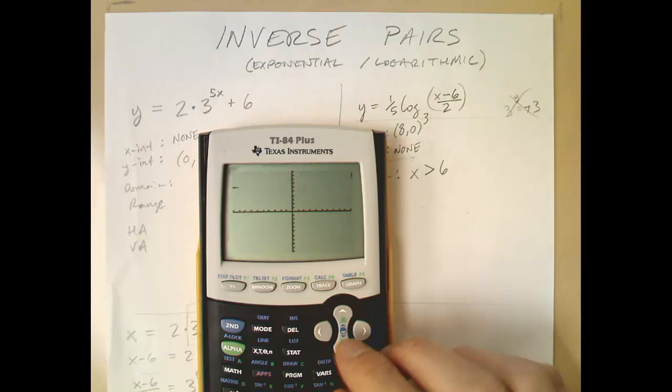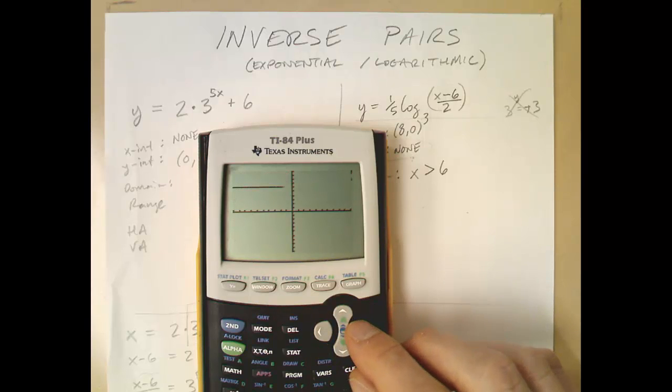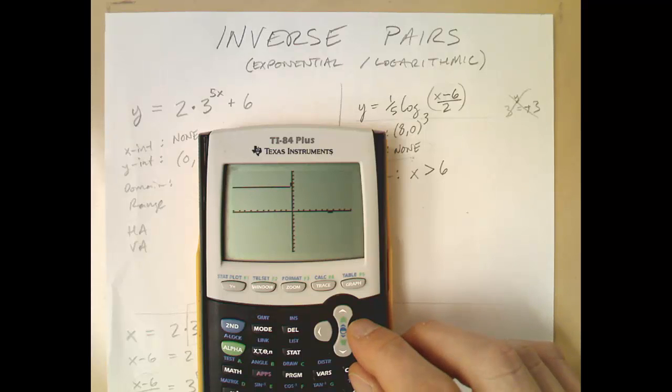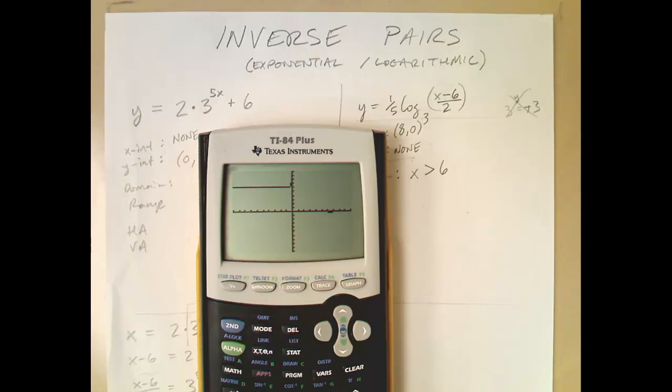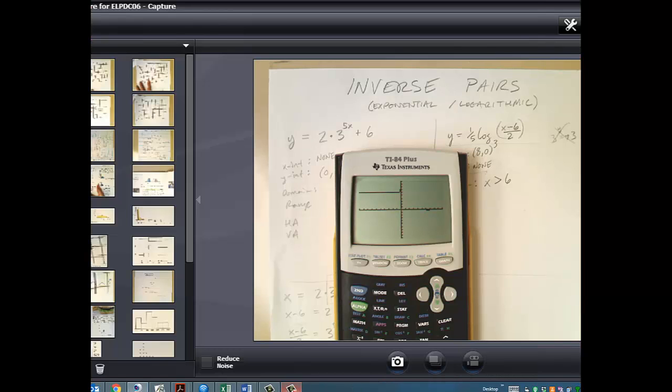So let's look at the graph. Okay, so that's going to be the exponential, right? And it's still thinking. Okay, and I can barely see the log. I'm going to pause it while I get the window maybe to look better here. Hold on.